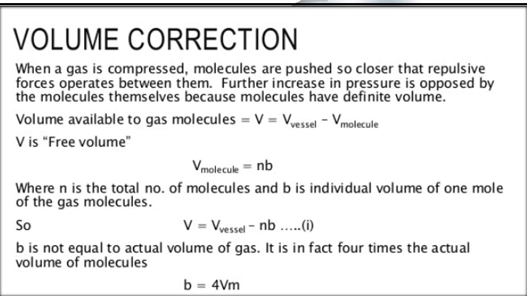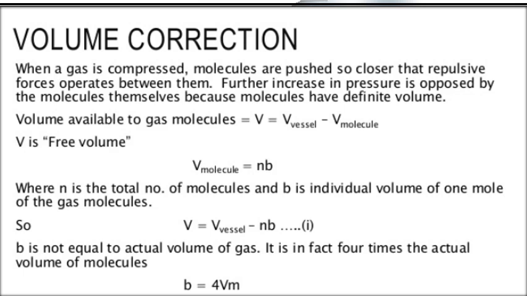So the volume of the molecules is the number of particles contained in 1 mole, whether you have 2 moles or 3 moles, whatever the mole number is, and the volume of them is considered as the volume of the molecules, right?